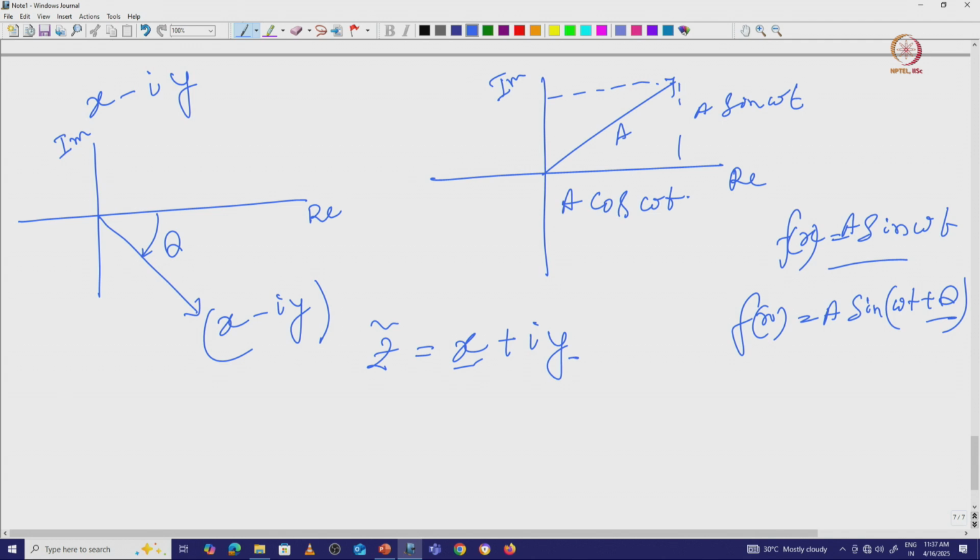Now, we already noticed that if we have any angle theta, and this is x plus I y, and this is r, we can tell that it will be r sin theta and this will be r cos theta.